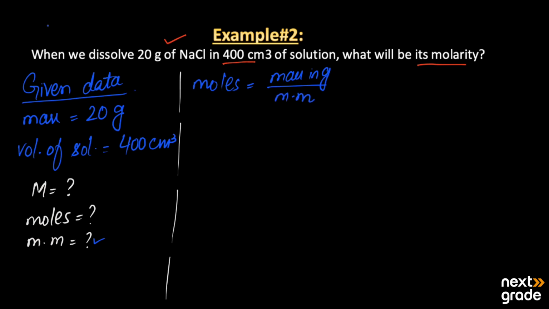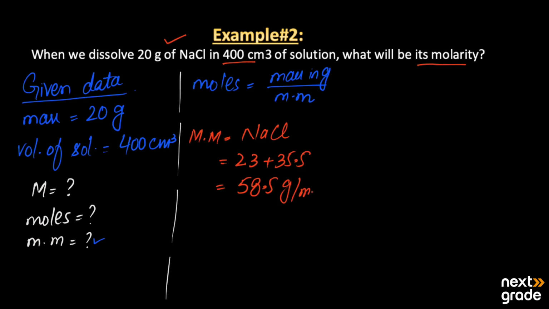So we will find the molar mass of sodium chloride, NaCl. For sodium the atomic mass is 23, and for chlorine it is 35.5. So the sum is 58.5 gram per mole. This is the molar mass. Now we find the moles.